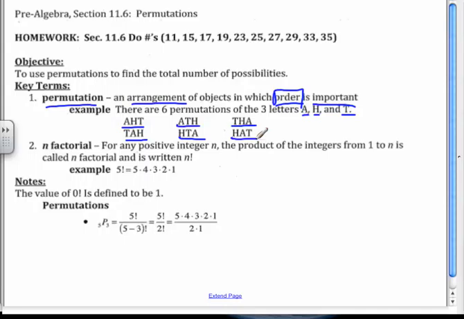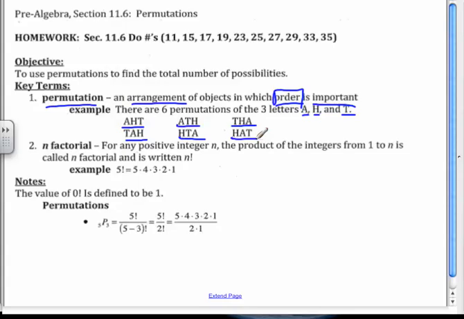Yes. So to find out the different ways that I can get blue ribbons when order doesn't matter, that's called a combination. To find out how many different ways I can hand out first, second, and third, that's a permutation because order is going to matter. Because the second person is not going to get the same thing as the first person. So order matters.